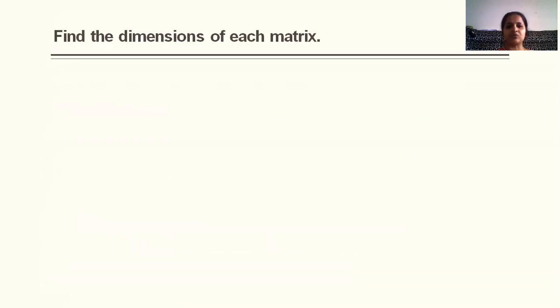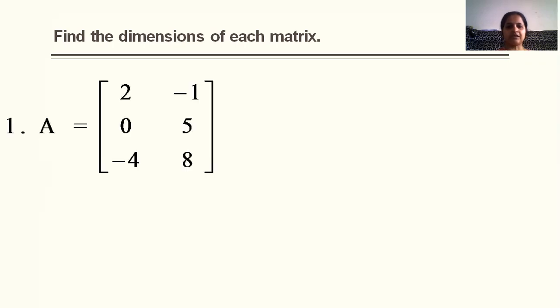Find the dimension of each matrix. So now we will see the example of how to find the matrix dimension. Here you can see how many rows are there in this A matrix. There are 3 rows and there are 2 columns. So the dimension of the matrix becomes 3 into 2, that is 3 rows into 2 columns.